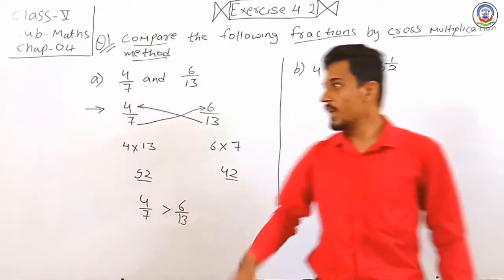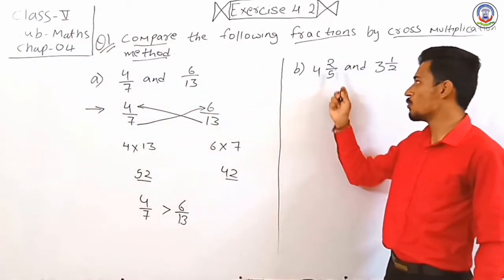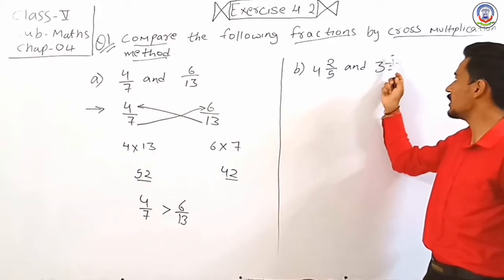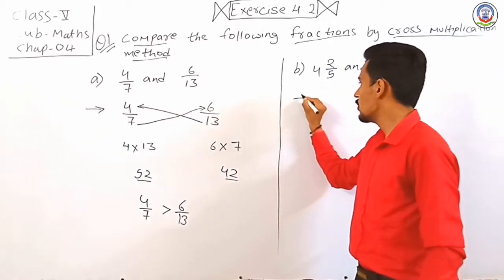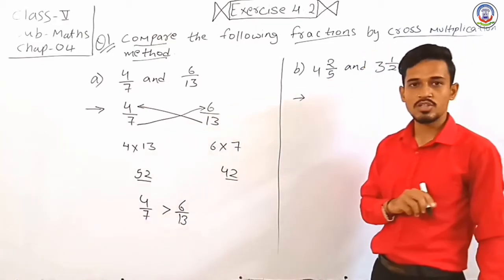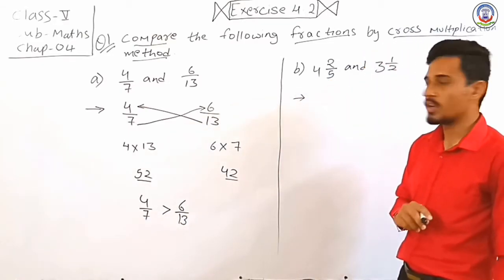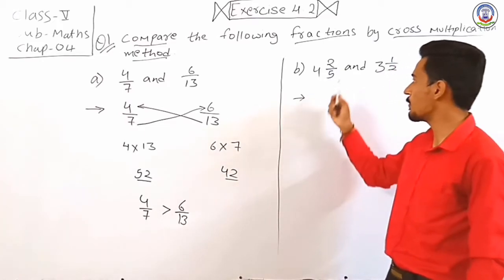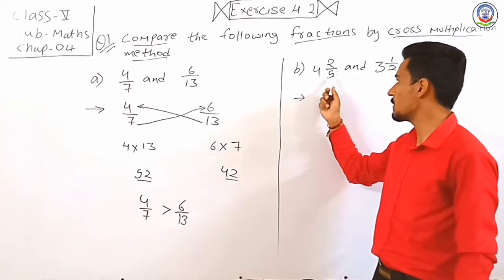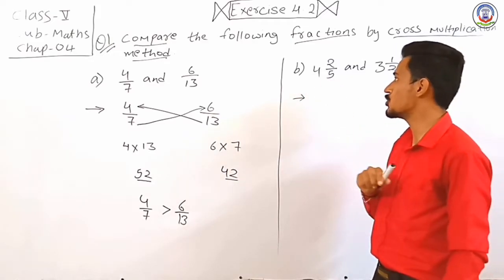In B we have 4 integer 2/5 and 3 integer 1/2. So first we have to convert this mixed fraction into improper fraction. So how can we convert mixed fraction into improper fraction? Let's see. First we have to multiply 5 and 4, that is 20.